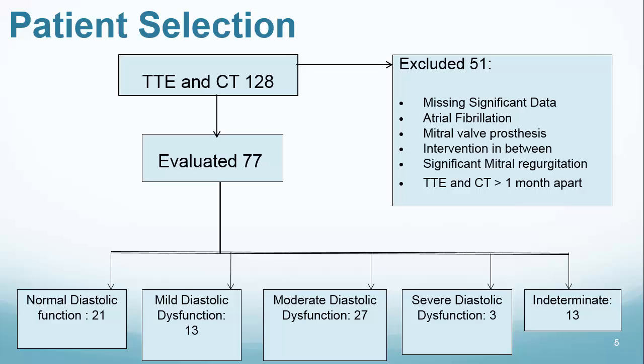We excluded patients with more than 1 month between the exams, and patients with significant diseases, and we ended up with 77 patients who qualified for the study. We then took those patients and divided them into normal, abnormal, and indeterminate diastolic function. The evaluation was based on the new ASE guidelines using echo Doppler as a reference standard.